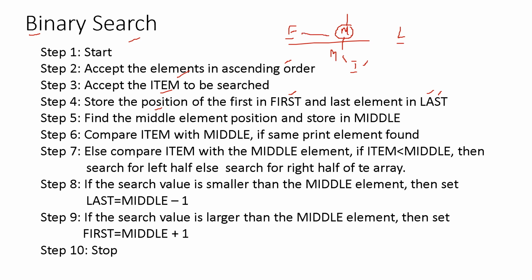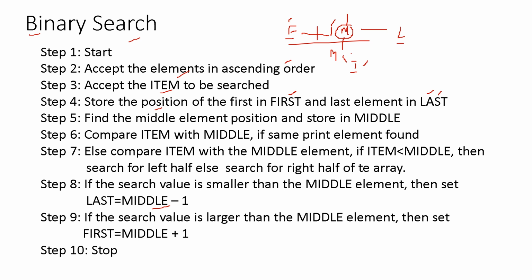If the item value is bigger, it will be in the second half, right? So suppose the item value is smaller. First is okay, and the value before the middle should be the last value, right? That is why we are writing last is equal to middle minus 1, and then again find the half and continue till you get the element.